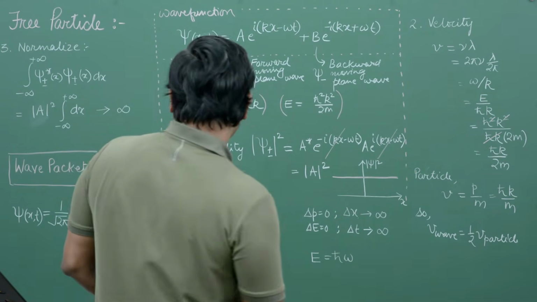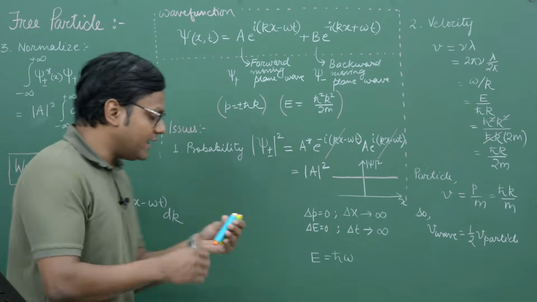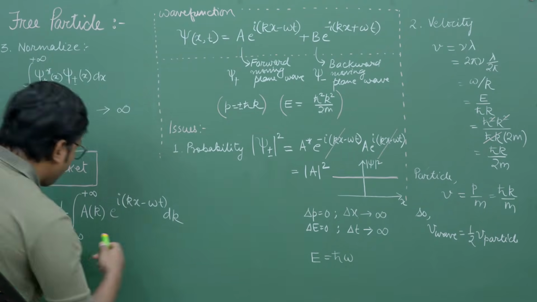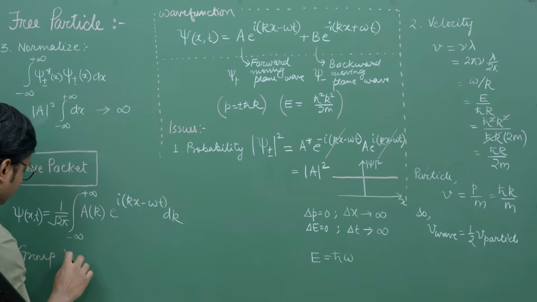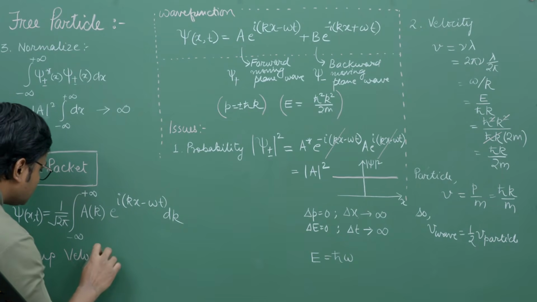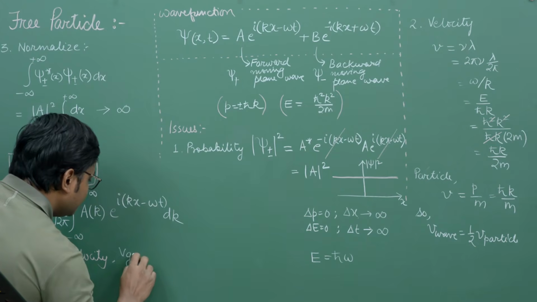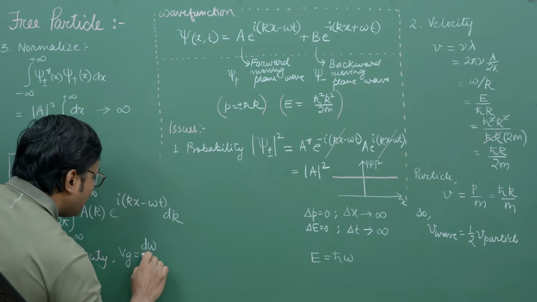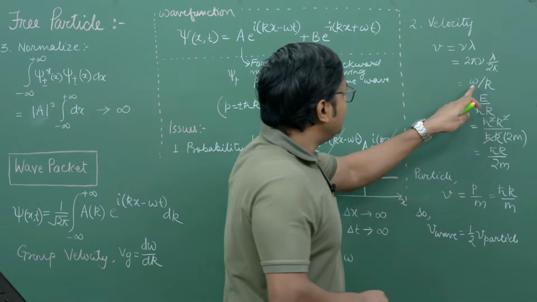Also, when we calculate the velocity of a wave packet, if you have seen my earlier videos on wave packets, you would know that the velocity of a wave packet essentially comes from something called group velocity. So how do we calculate group velocity? Group velocity is calculated as Vg is equal to d omega upon dk. So what is omega?